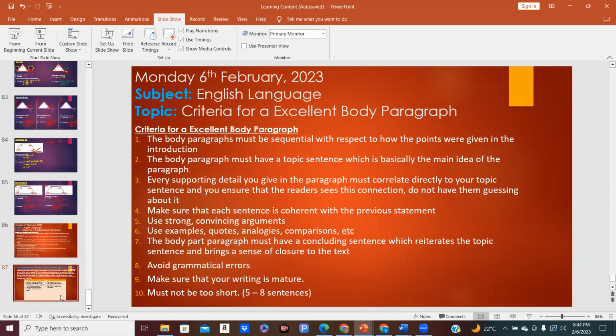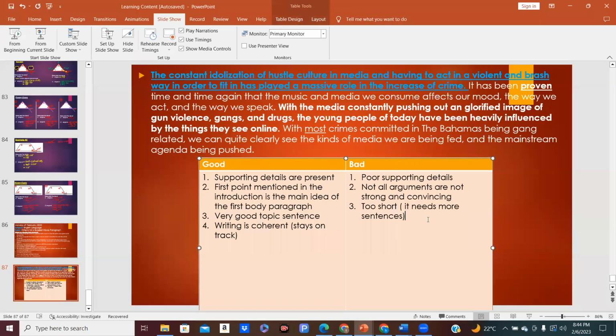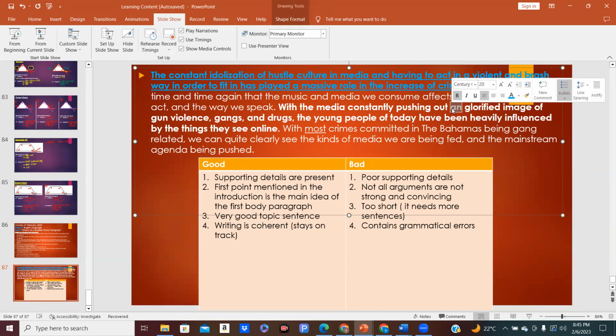And what could we say? Grammatical errors. Oh boy. Contains grammatical errors. And she even mentioned one herself. She said that with media constantly pushing out a glorified image of guns, gun violence, gangs, and drugs, people of the day have been heavily influenced by the things they see online.